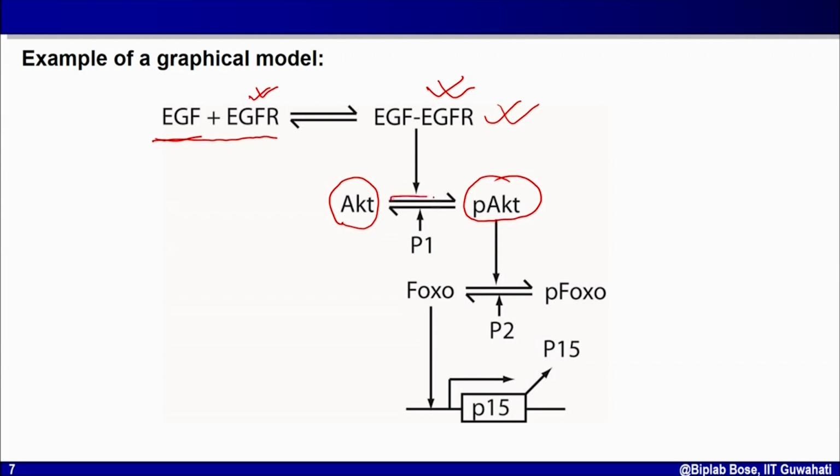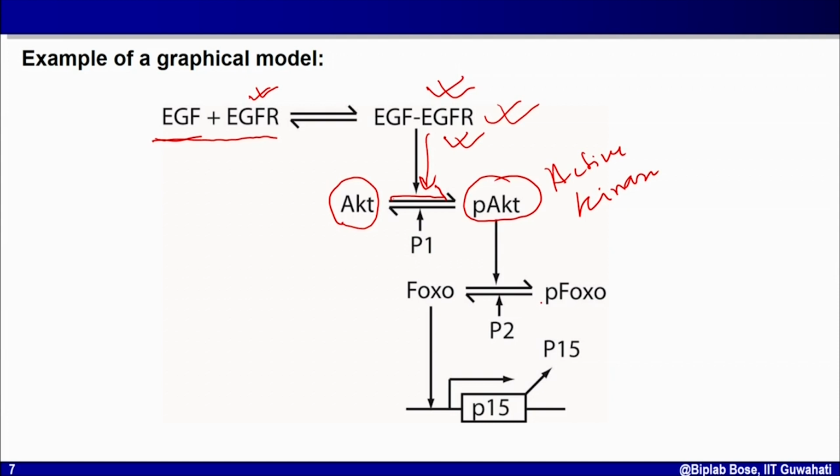This is the process by which AKT is phosphorylated to PAKT, whereas this EGF-EGFR complex is actually controlling this process. Once PAKT is formed, PAKT is the active form of AKT, and it is a kinase.